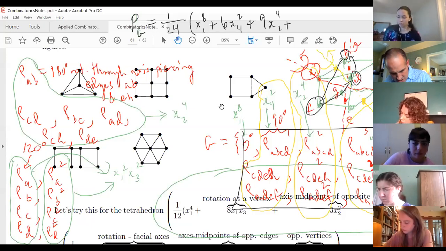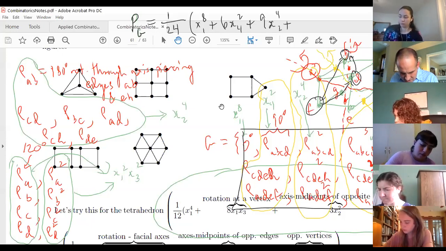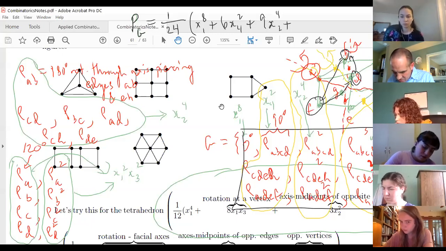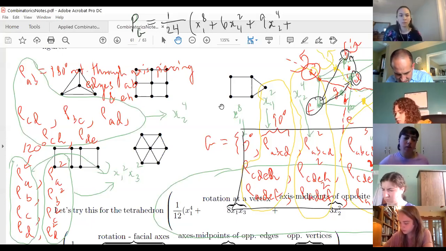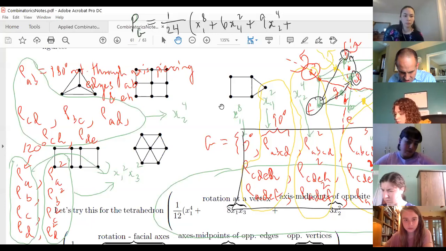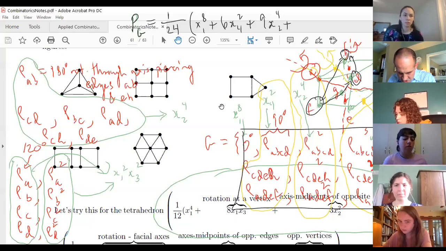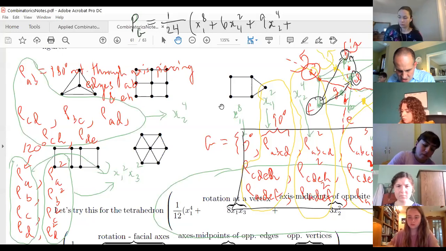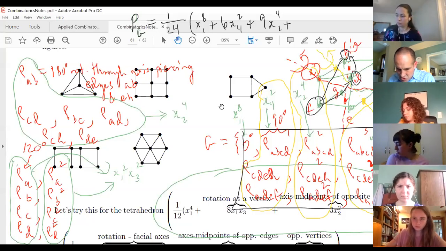Excellent. And what else do I have? So I have 9 x2 to the 4ths. I think the only thing I haven't accounted for are the vertex rotations, right? And all of those were x1 squared and then two 3-cycles. So I have a total of 8 of those.